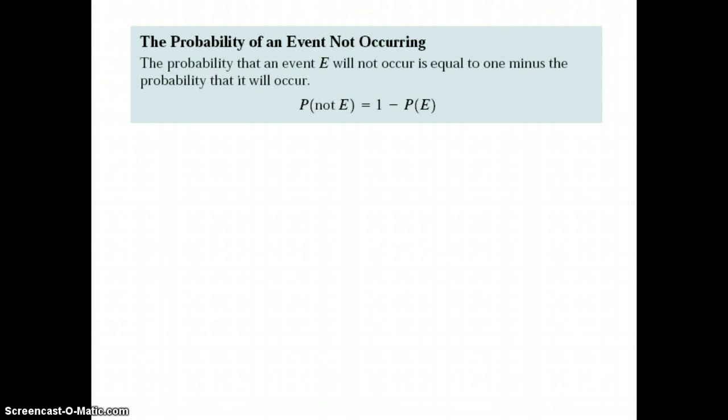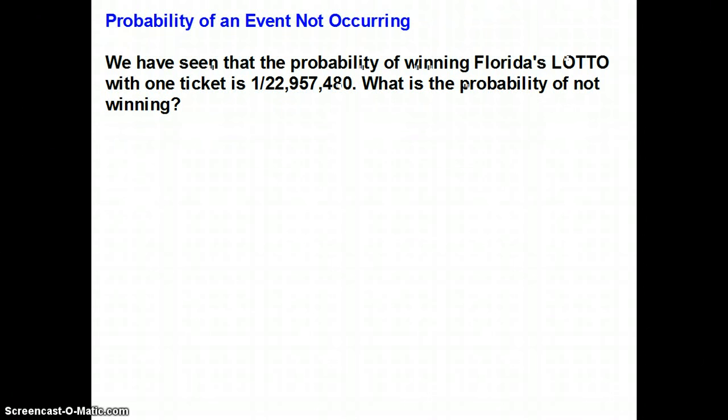We have probability of an event not occurring here. The probability that an event E will not occur is equal to 1 minus the probability that it actually will occur. So this one piggybacks off of the previous problem we did with a combination.